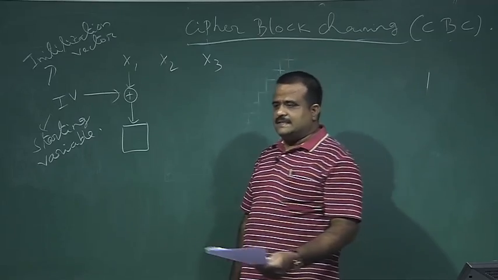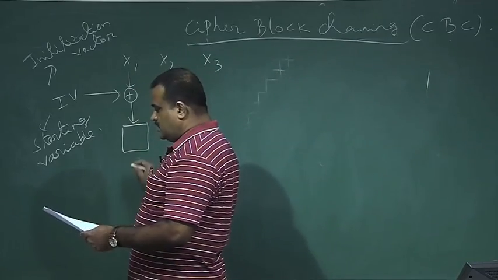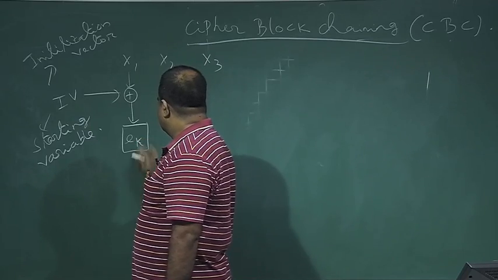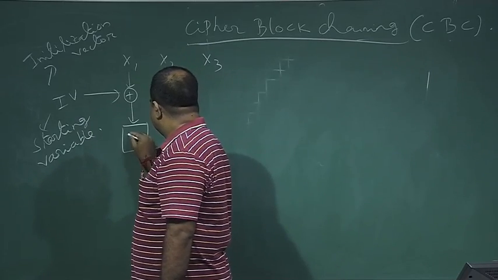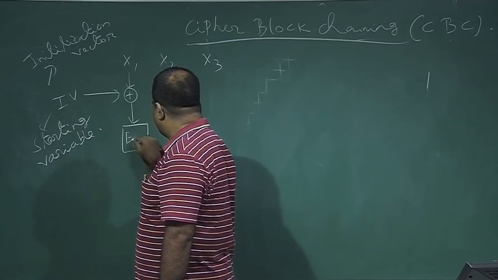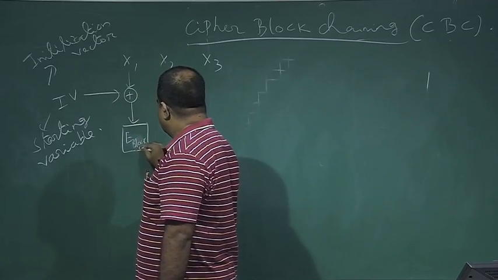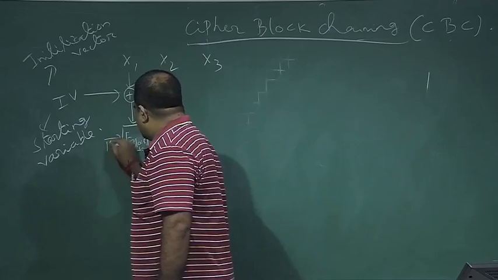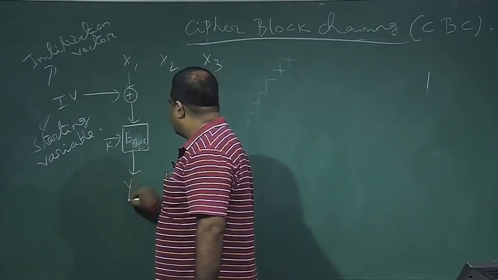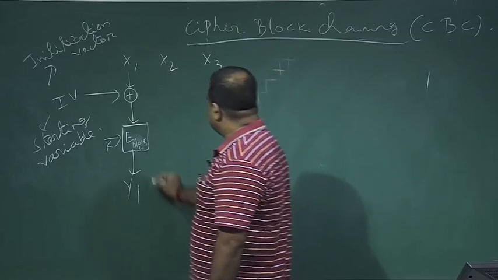It could be DES, AES depending on the size of this. So, this is E of k, the block cipher encryption, or it could be any block cipher of that size, using the same key which is shared between Alice and Bob, and we get the Y1.